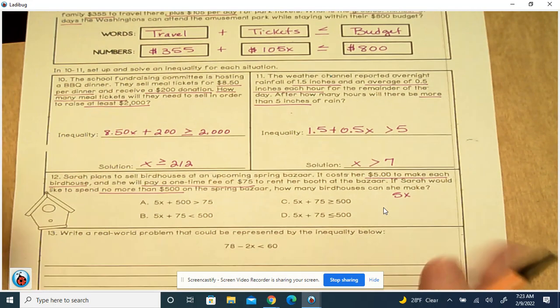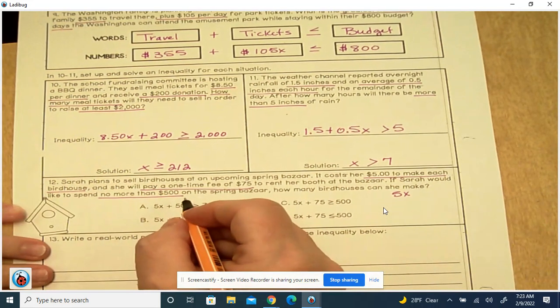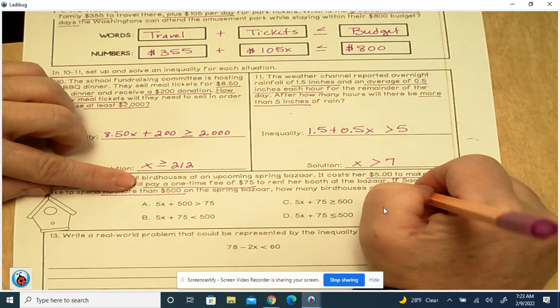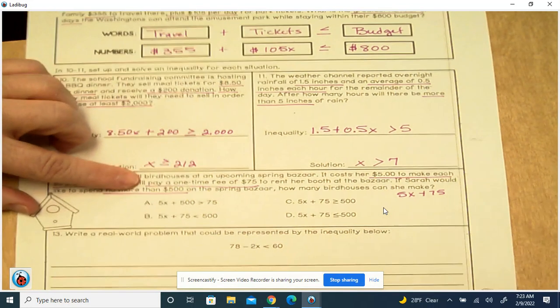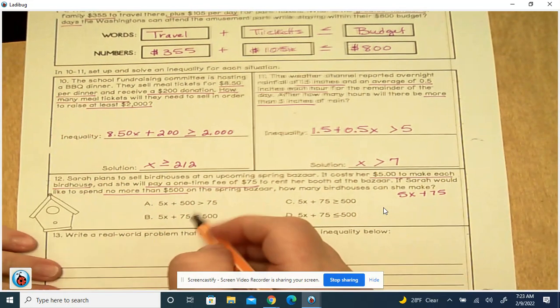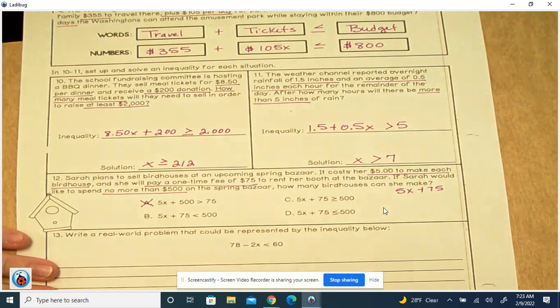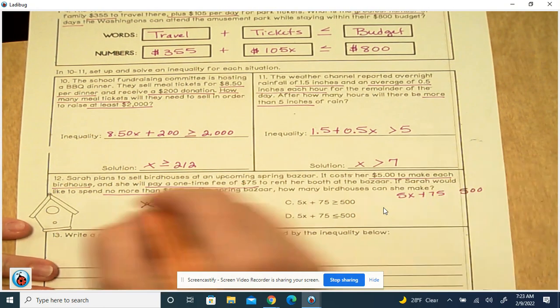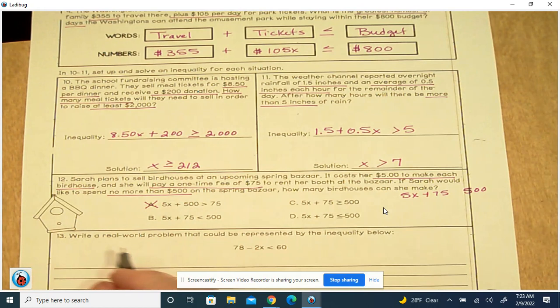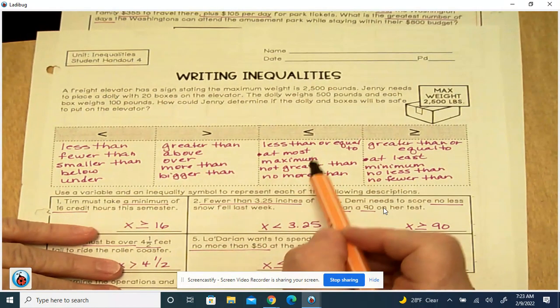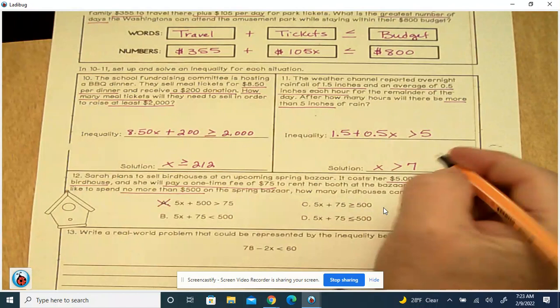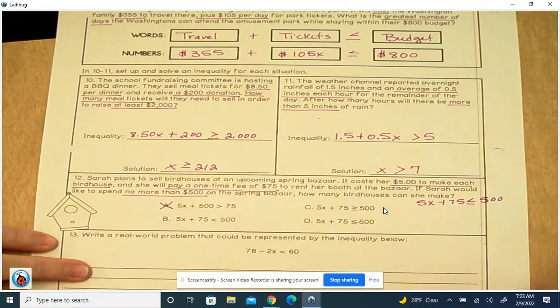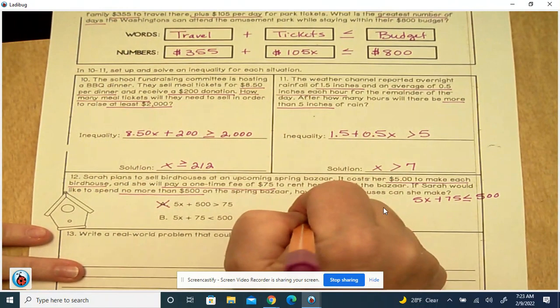So they all have 5x, and then we're looking at a plus a fee of 75. So can we eliminate any of them? Yes, we can eliminate that one. And then we have 500 and no more than, if we pull our list back out here, no more than is under less than or equal to. So less than or equal to. So our answer is going to be D.